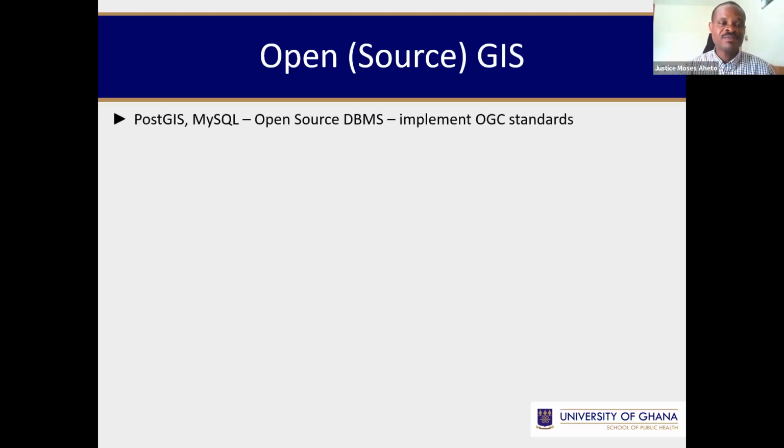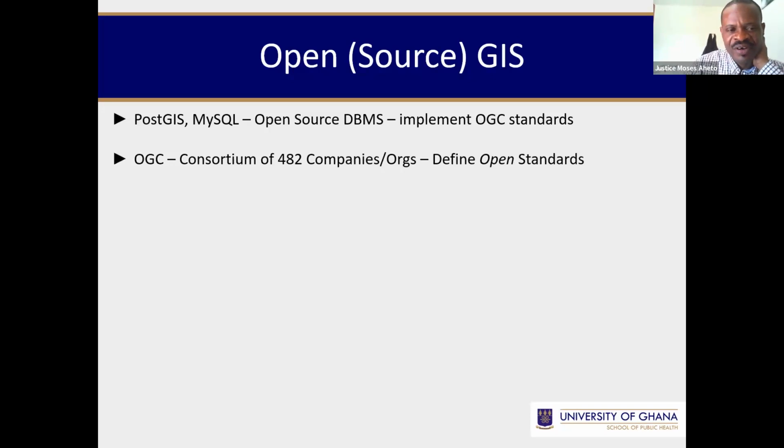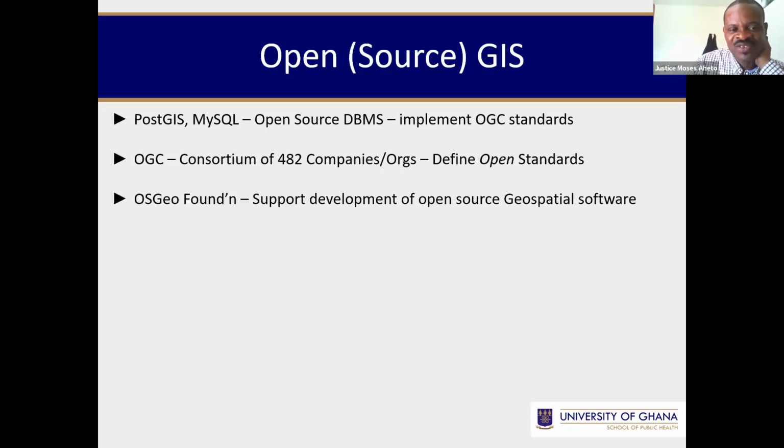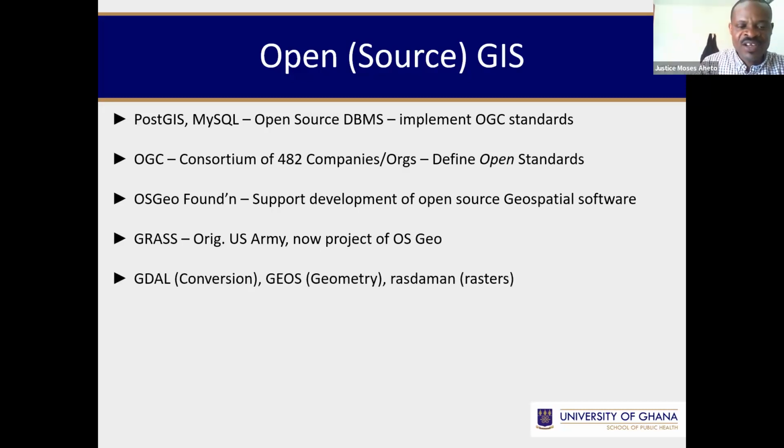So we'll look at some of them. Some of them are just for querying sake, and they have PostGIS, MySQL, and they also have the open source DBMS. And these are implemented based on OGC standards. Don't worry too much. I'm just highlighting some of the software which are open source. We know with time some of them will become commercial, but for now, they are all open source.